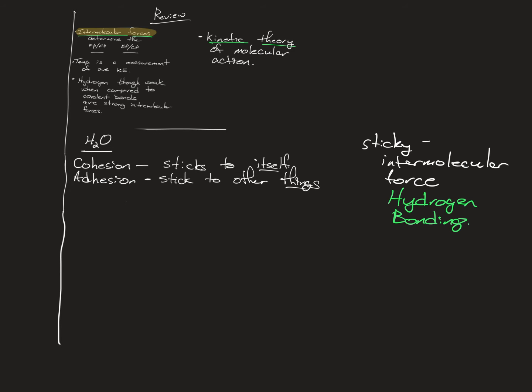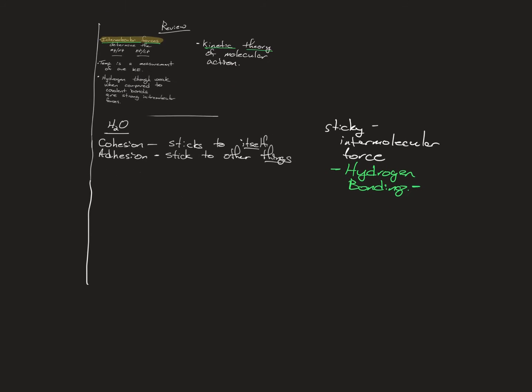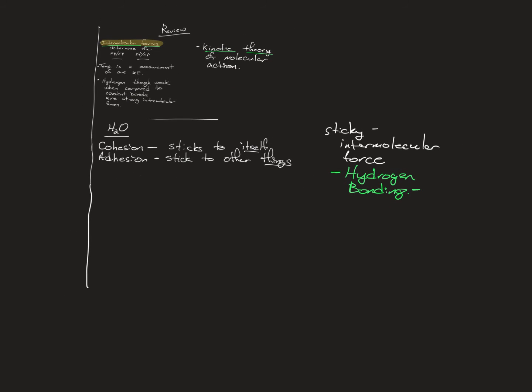That's when we're talking about water, and a lot of the biomolecules we'll be talking about. This includes DNA, proteins. Hydrogen bonding is the thing that we've got to consider. All right. So water itself is very sticky, and that's because of intermolecular force.